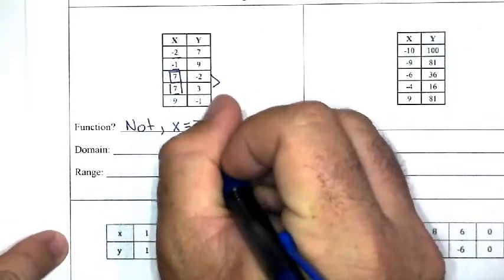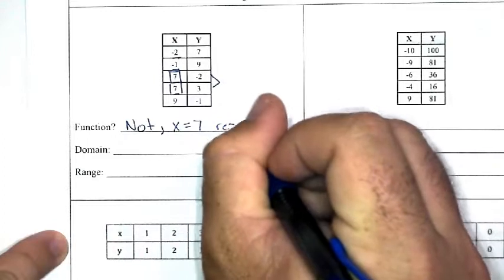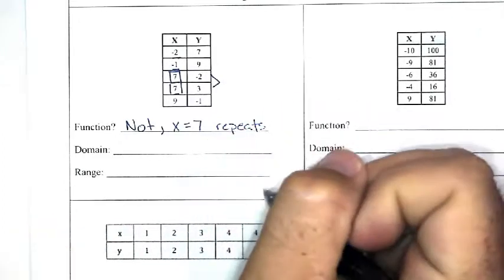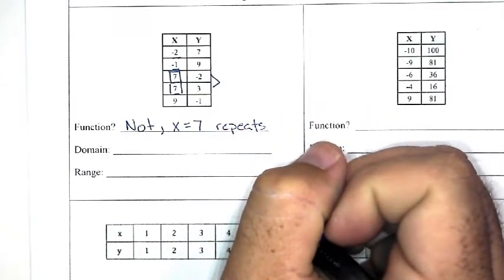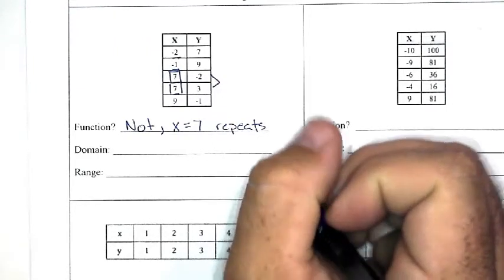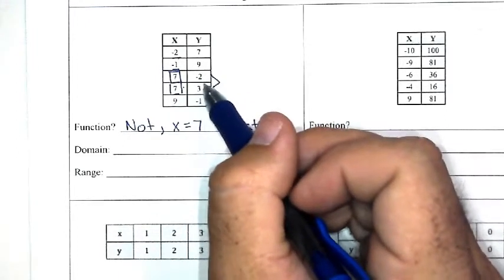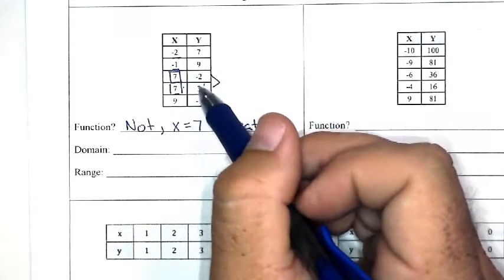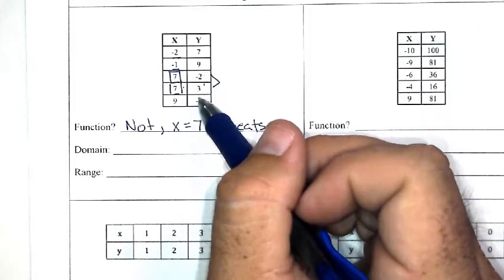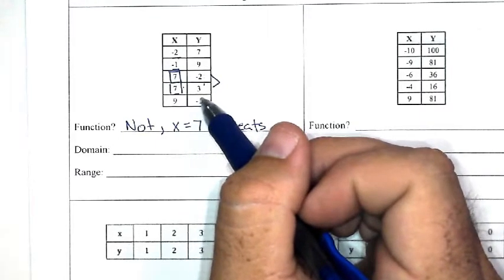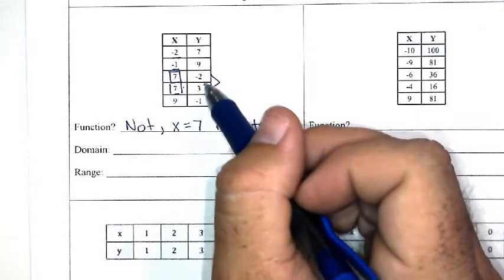At x equals 7. That's where it repeats. So that's why it is not a function, because 7 repeats and it has two different y values. Remember, in order to be a function, a singular x value is only allowed to have one and only one y value. This has two.